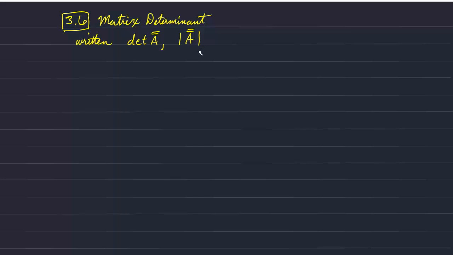And I want to make sure it's clear that this does not mean the absolute value of A. When you see a matrix between vertical bars, that denotes matrix determinant. And last, another way that I've seen a determinant described is with two vertical bars.